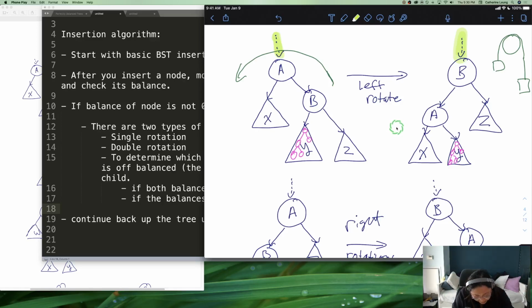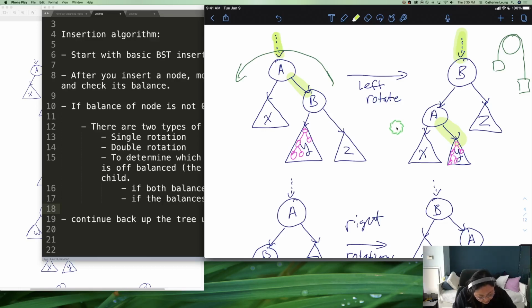Well, A used to point to B. So A's right pointer pointed to B before we did the rotation. Afterwards, A's right pointer now points to Y instead. So obviously that pointer has also changed.